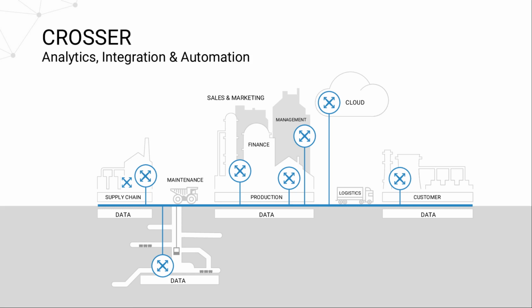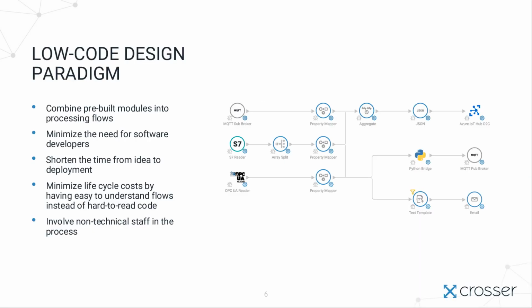And when we design use cases for these different applications, we use a low-code tool where you combine pre-built modules into processing flows or data pipelines like you see on this slide. So this is a typical flow where data flows from left to right. You start by adding your input modules to collect data from your sources, then modules to do something with the data, and finally you use output modules to deliver the result to wherever that is needed.